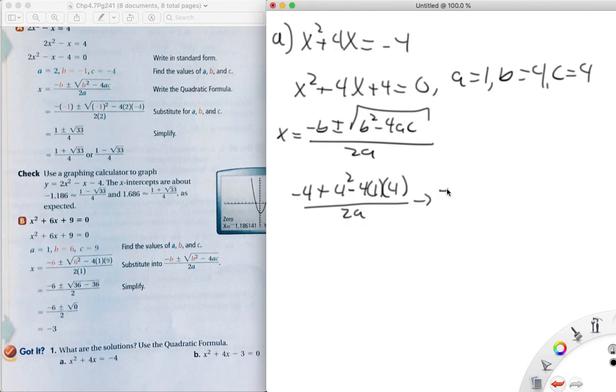That's going to be negative 4 plus, remember that all that's being square rooted, 16 minus, oh, would you look at that, 16, over 2 times 1.